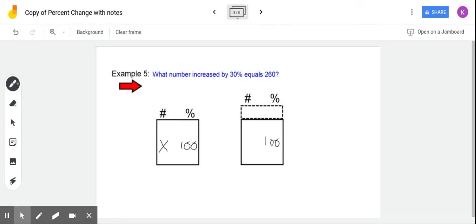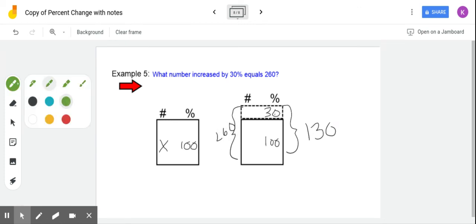I also know that the number was increased by 30%, so I can put in the 30%. So this new number is 130% of the original. The new number is 260.